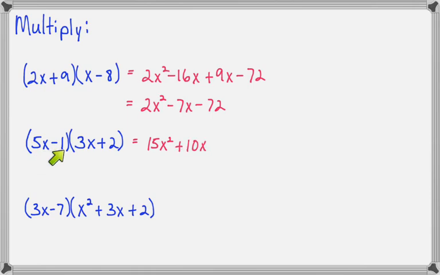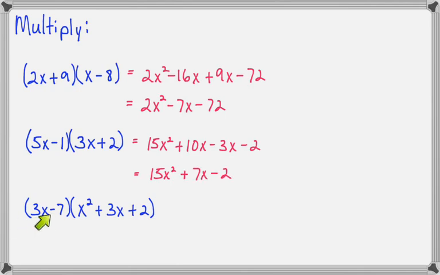Now we distribute the negative 1. Negative 1 times 3x gives us minus 3x, and negative 1 times 2 gives us negative 2. We look at the two terms in the middle. 10x minus 3x is 7x.